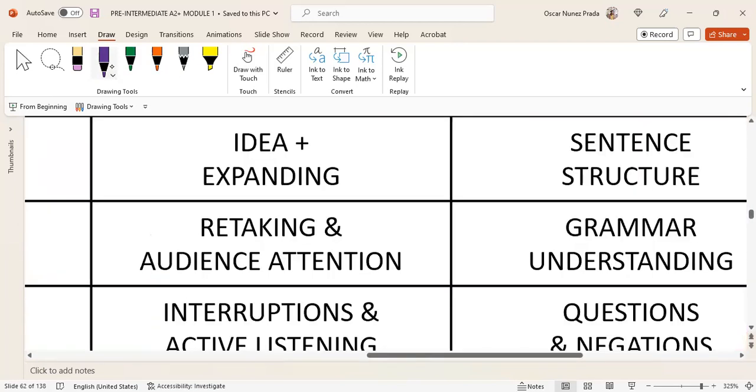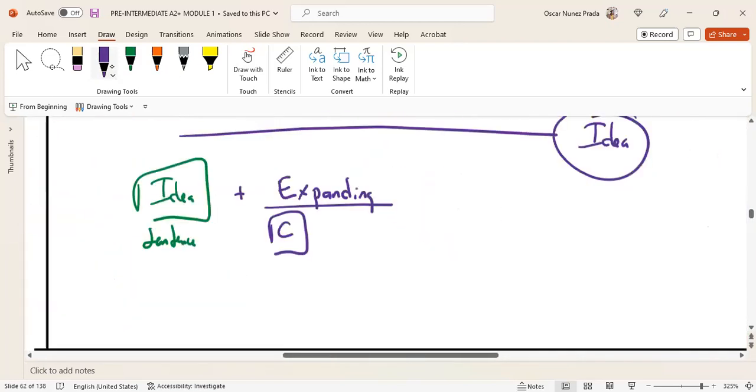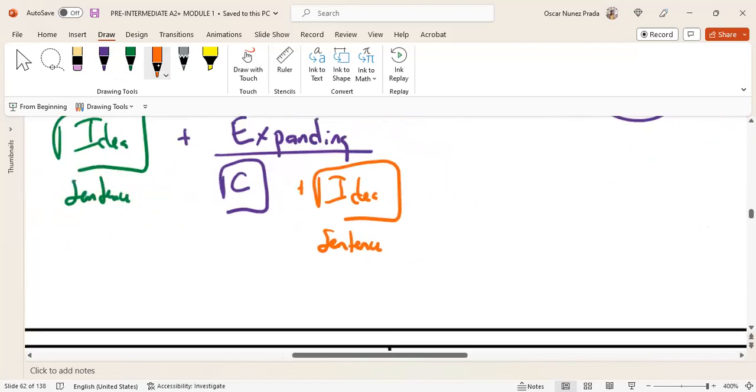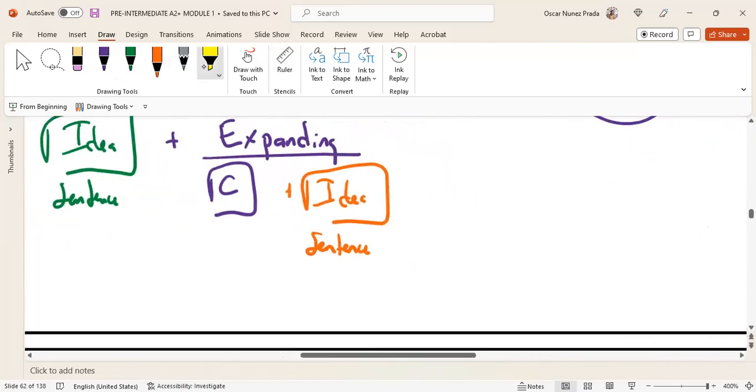So when you use the connector, you have to make sure that the next idea, the next thing you're going to say, has a correct sentence. Because the problem, Jeanette, is that sometimes when we want to use a connector, we don't know how to put the next sentence into the communication process.